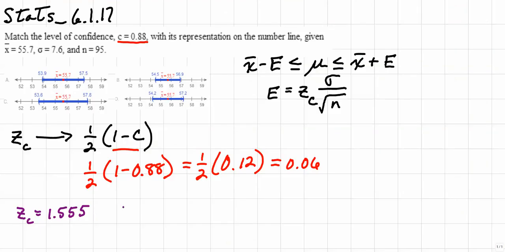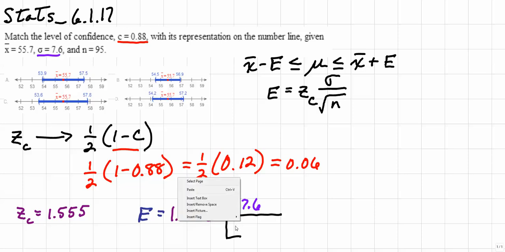So using our newfound z-score, we'll go ahead and calculate the error. So E will be equal to z sub c, which we have just discovered to be 1.555, and we're going to multiply that by the standard deviation of 7.6, which we know is right here. And we're going to divide that by the square root of the sample size, and the sample size is 95.